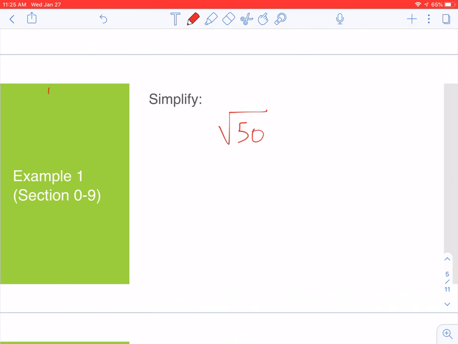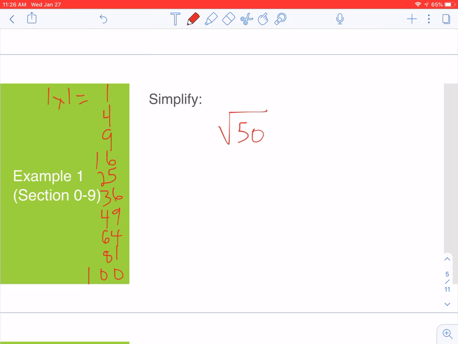But if I start with 1 times 1, I get 1. 2 times 2, 4. 3 times 3, 9. And so on. I'm going to write them out here. 8 times 8, 64. 9 times 9, 81. 10 times 10, 100. So those are my perfect squares. So 2 times 2, 3 times 3.